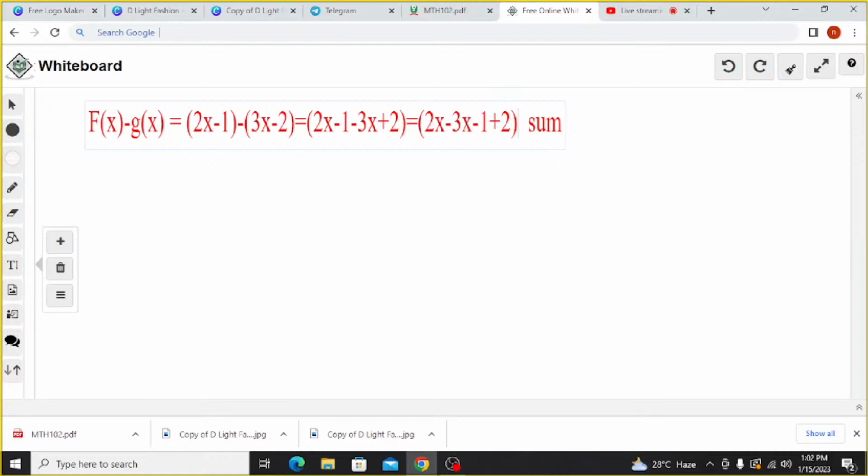So 2x minus 3x equals minus x, and minus 1 plus 2 equals plus 1.